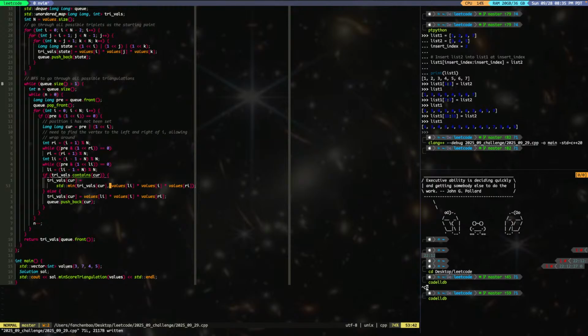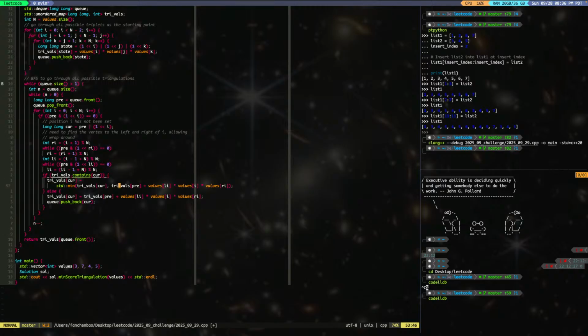It's wrong because I forgot to add the previous one. Right? So this is the current, the newly added. I need to add the previous, which is pre, which is try vowels pre. I don't know why I don't do this. And this has to be try vowels pre plus... Okay, I don't know if there's any easier way to express this. Yes, there is.